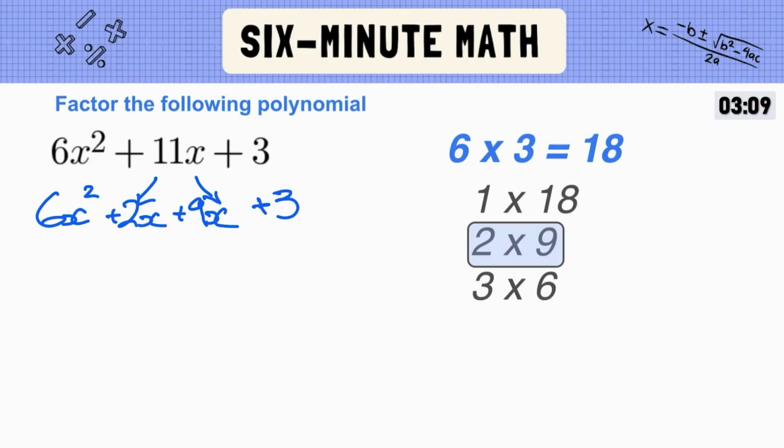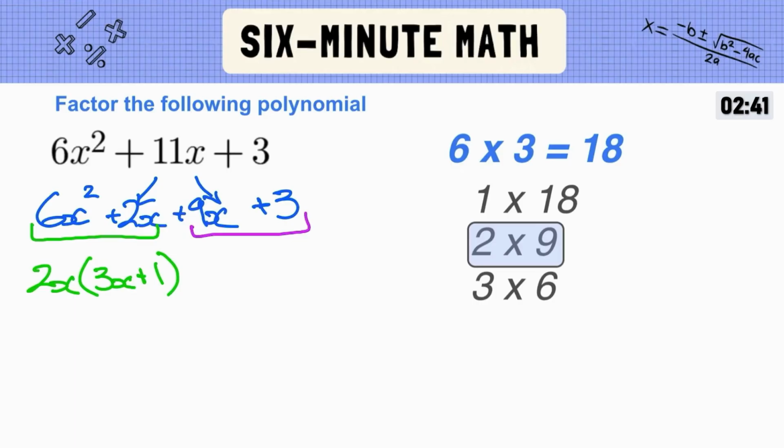Now I group. So I'm going to group here in green and here in pink. We're going to factor out our greatest common factor in green. That is going to be a 2x. And I have a 3x plus 1 remaining. I'm now going to factor out with my 9x plus 3. I get to factor out a 3.